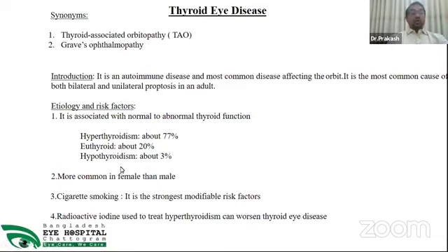It is more common in females than males. The most important predisposing factor is smoking, the strongest risk factor which you can modify. Another risk factor is the radioactive iodine that is used to treat hyperthyroidism.